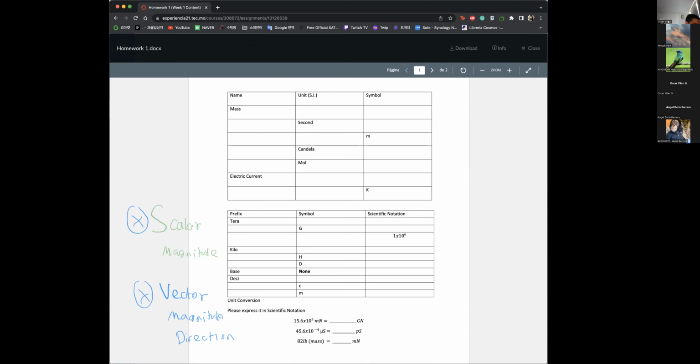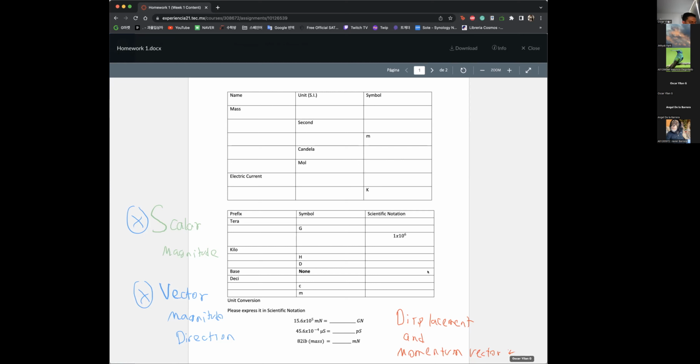For example, probably they're going to ask you something like, can you add displacement and, let's say, momentum vectors? The answer is false.